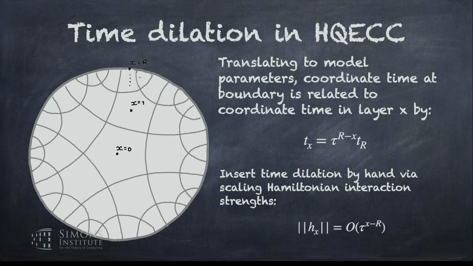What we're really meaning is that the Hamiltonian term in the center of the bulk is weaker. So applying some Hamiltonian term here to implement a unitary will take longer than applying the same Hamiltonian term on the boundary, because the Hamiltonian term itself is weaker.